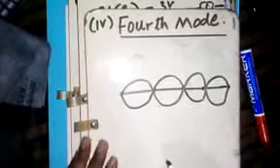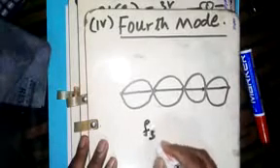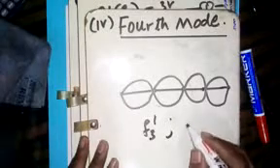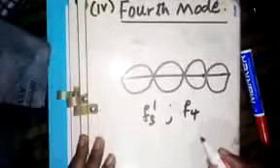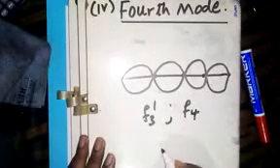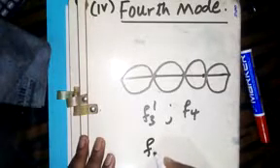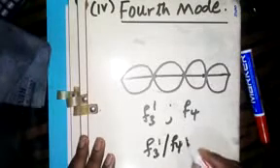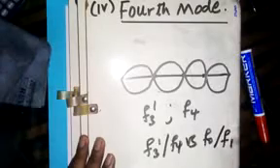Now I need you to find out the second overtone, but also I need you to find out the first harmonic, and also I want you to find out the relationship between the first overtone, which is the same as the second harmonic, against the fundamental frequency, which is the same as the first harmonic.